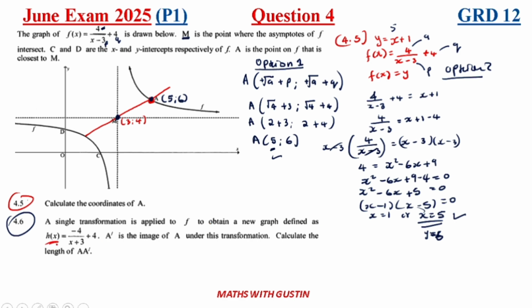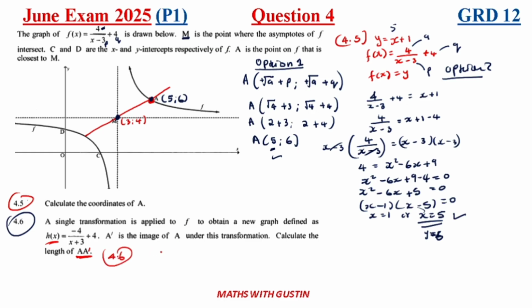Okay, this is the new graph, and then they said A prime is the image of A under this transformation. Calculate the length between A and A prime.